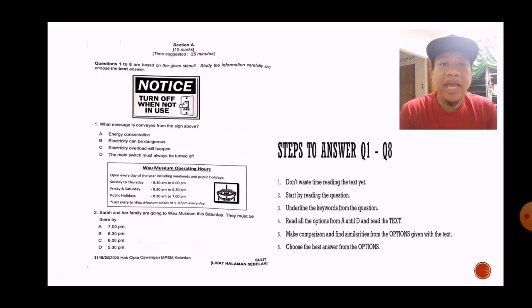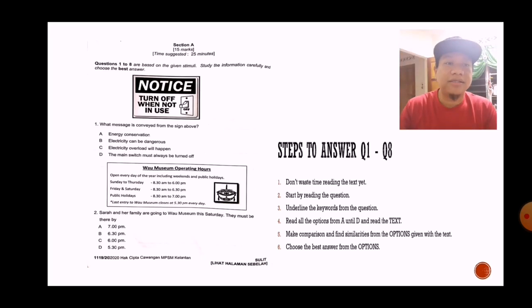D, the main switch must always be turned off. D means switch utama mestilah selalu ditutup. So A until D, you have read the option. Try to understand every option given there from A, B, C until D.